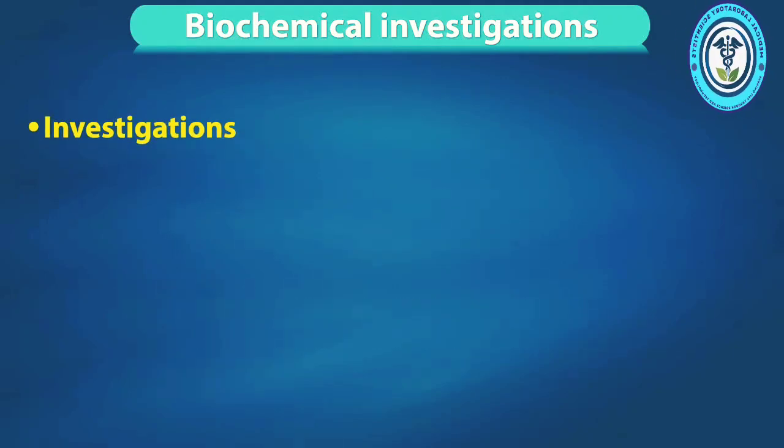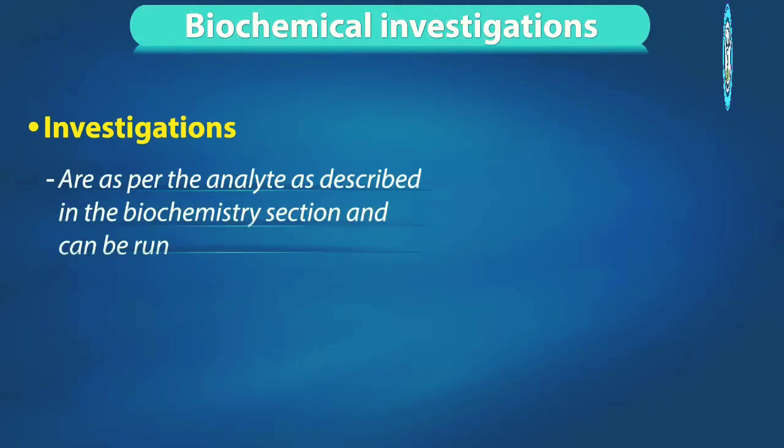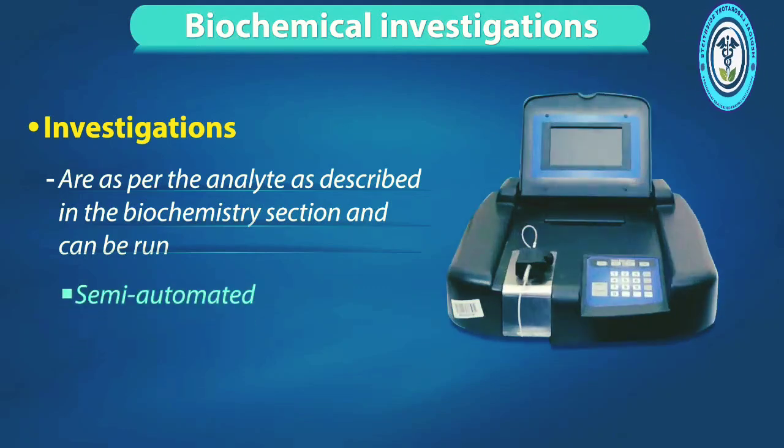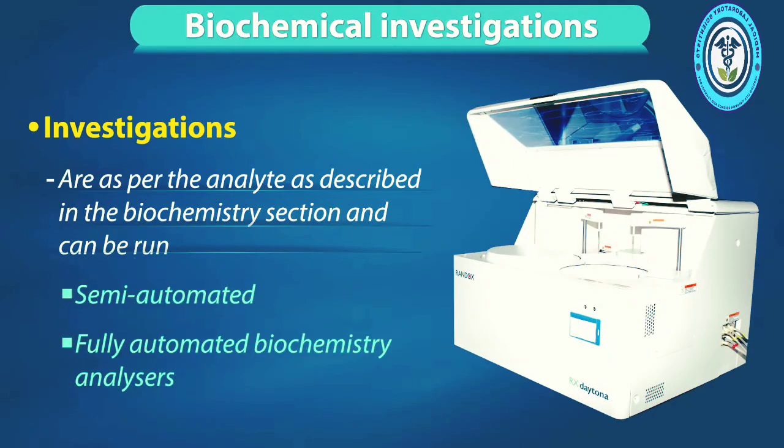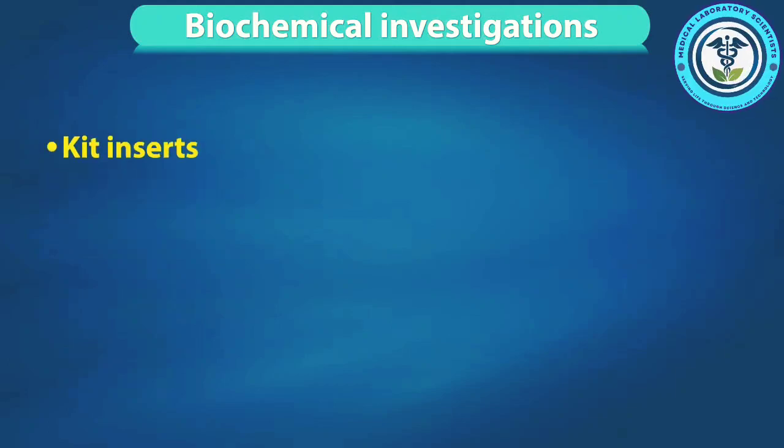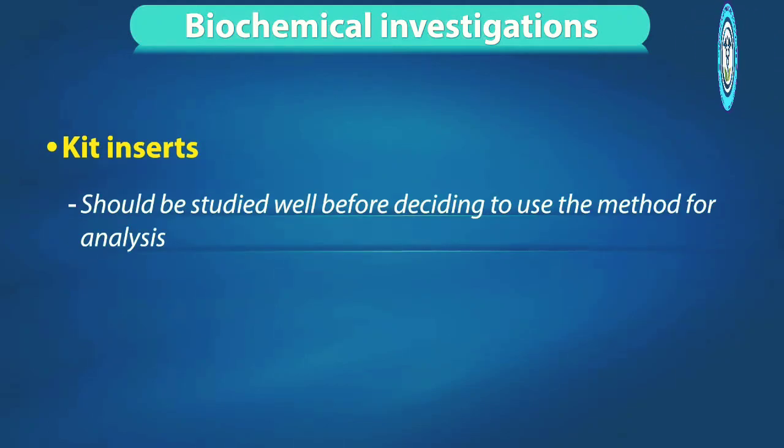These biochemistry investigations are as per the analyte described in the biochemistry section and can be run on semi-automated or fully automated biochemistry analyzers. All kit inserts should be checked before deciding to use the method for analysis.